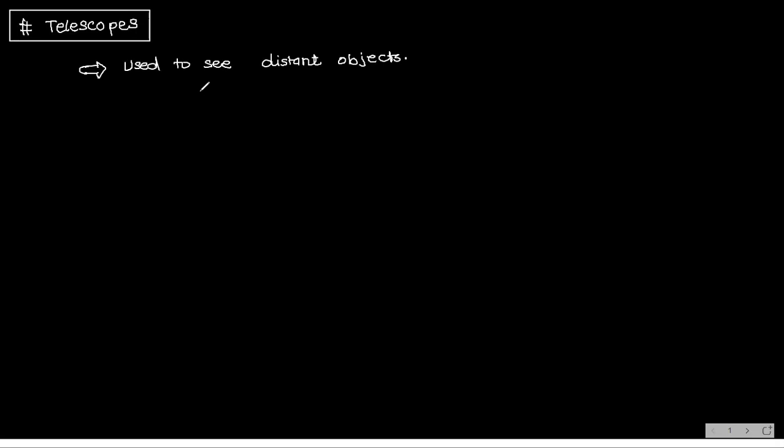If you want to see those objects, we are using telescopes. And now these telescopes, how many types are there?